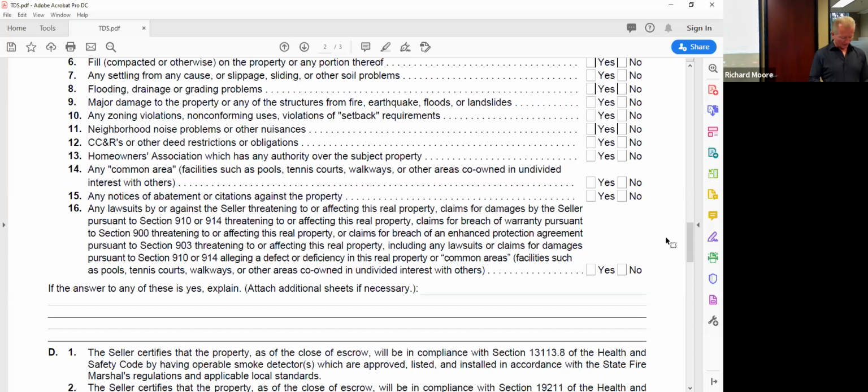And then another one that's often answered incorrectly, homeowners association, which has any authority over the subject property, common area or undivided interest with others in any condominium. There's going to be notices of abatement or citations. And then the next one, 16, any lawsuits by or against the seller. So it goes beyond that, as a matter of fact, and a lot of this is associated with a required warranty that builders are to provide via statute.